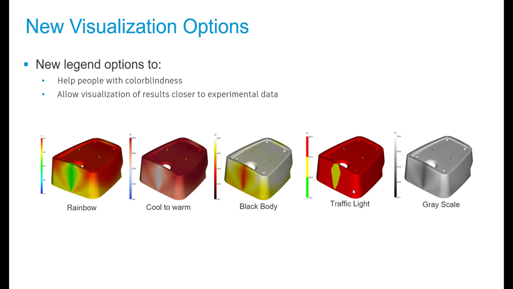In some cases, let's say you look at thermal scanner data in a certain legend, and in Moldflow we always had the blue, green, red rainbow plot, but it's hard to compare that sometimes to other experimental data, say thermal scanners.